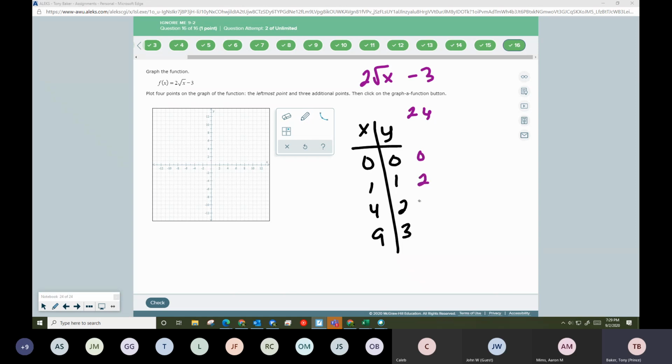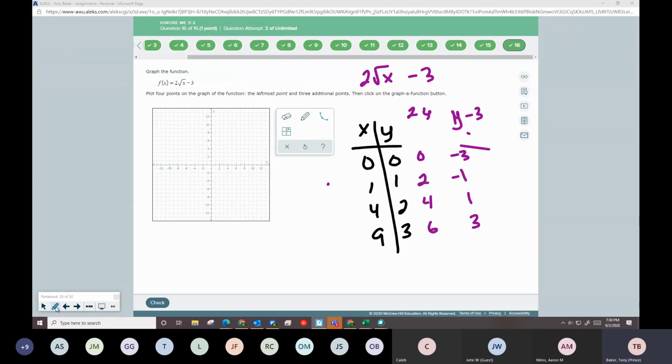So 0, 2, 4, and 6. And then I'm going to do the y minus 3. So this becomes -3, -1, 1, and back to 3.